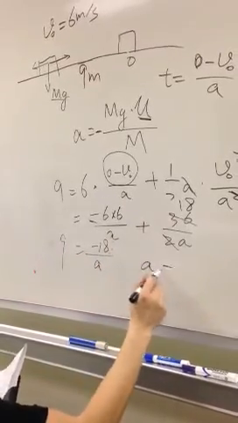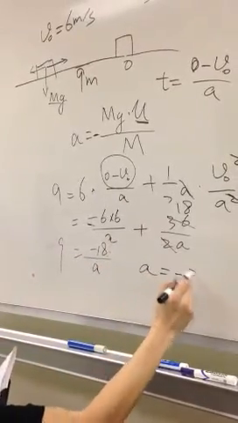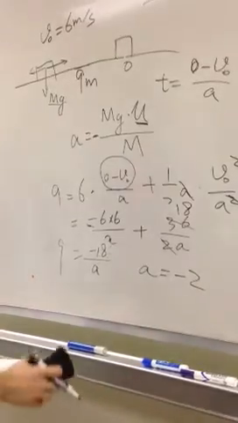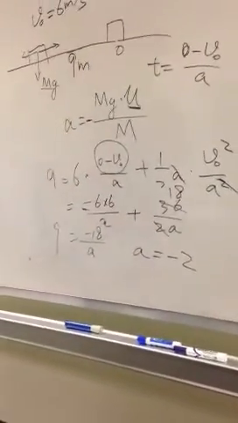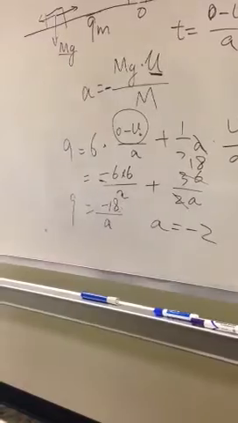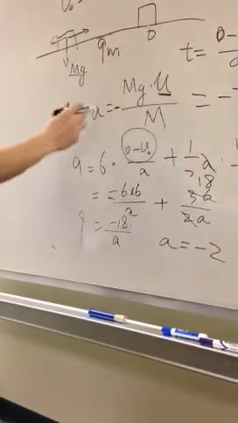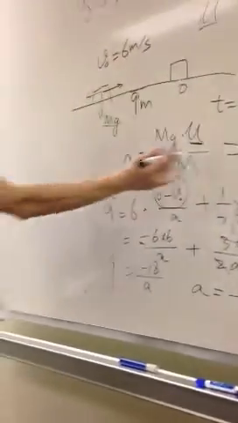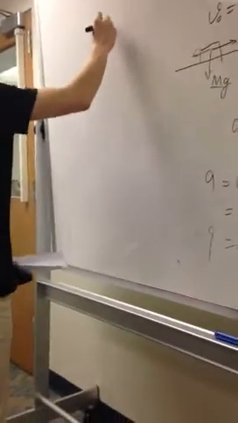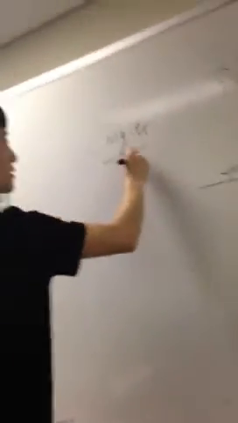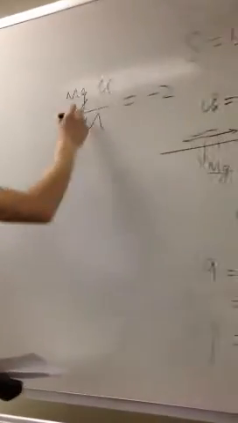So from here we know a is equal to negative 2. So a equal to negative 2. And we put this here. Negative, is equal to negative 2. We cancel this.